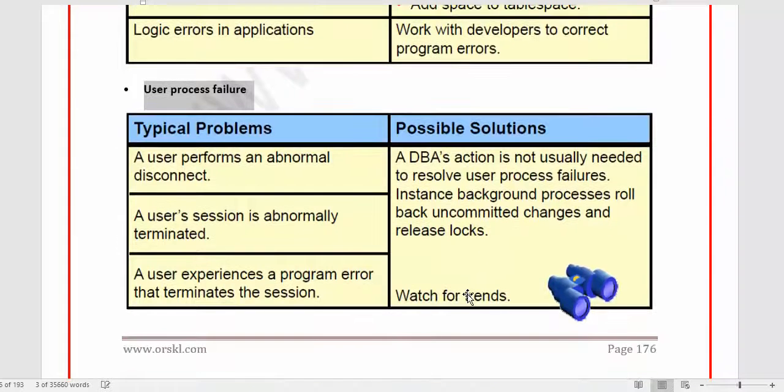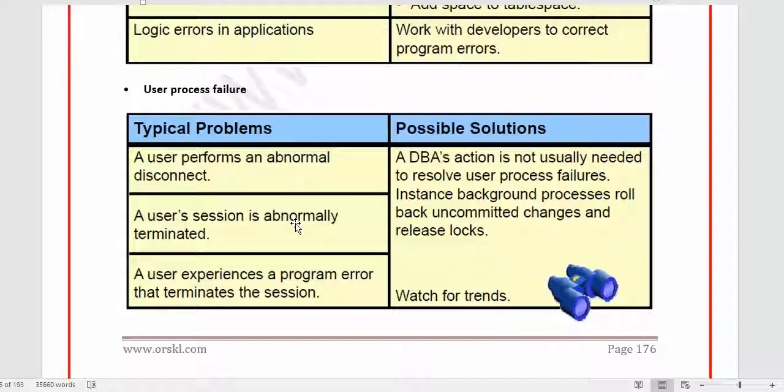Next one is user process failure. As I told you, a user process can have an abnormal disconnect. That means the user is trying to execute a query, but in the meantime the user's system has gone down. That is an unexpected failure, a disconnect, right? Next is when the user session is abnormally terminated. Consider you are on a web browser and, without clicking logout, you just close the browser.